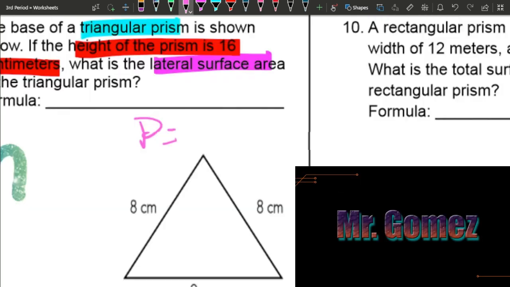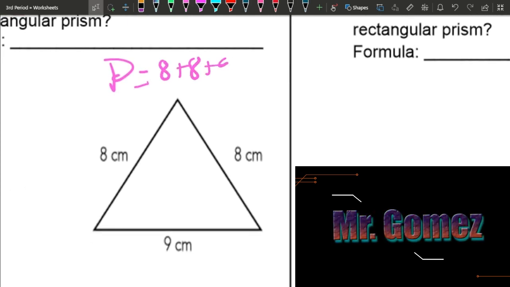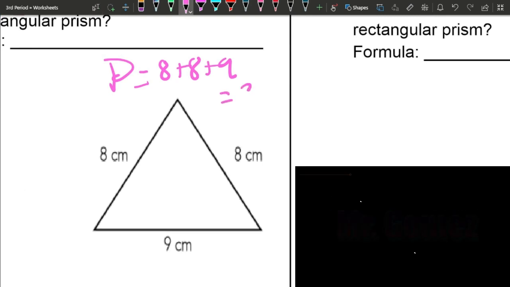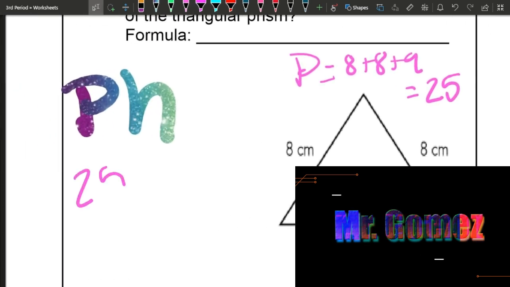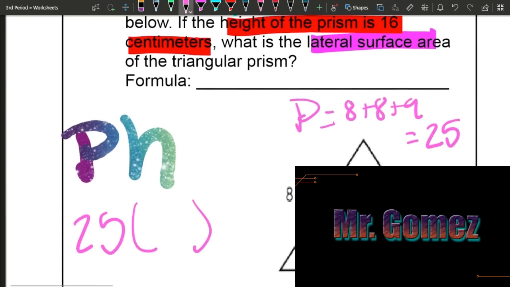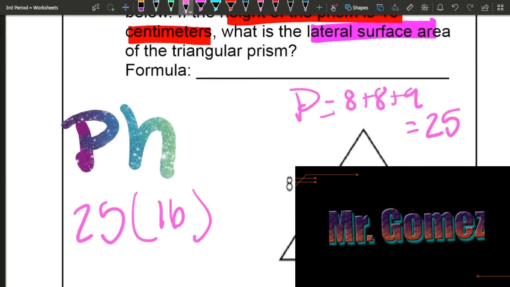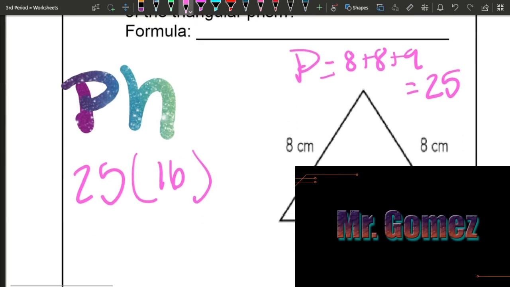So what do I have to add to find the perimeter? 8 plus 8 plus 9. 16 plus 9 is 25. So my P is 25. My height is given to me in the problem, which is what? 16. So 25 times 16 gives me 400.